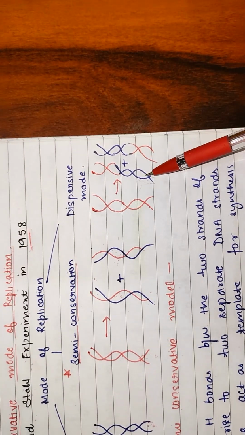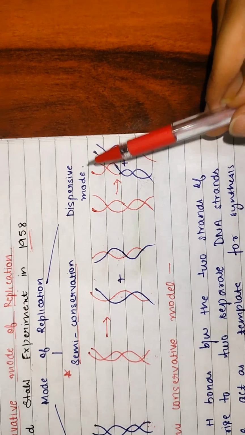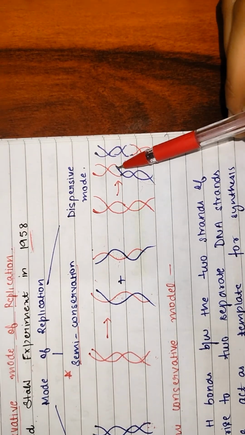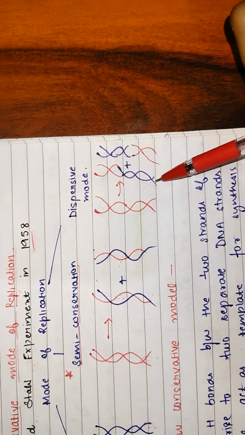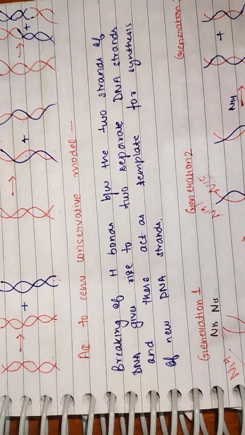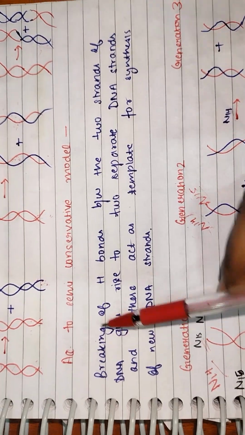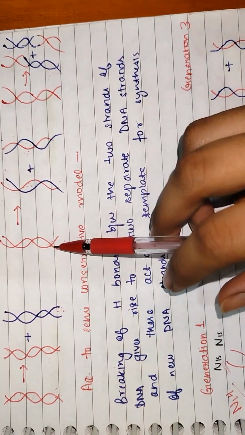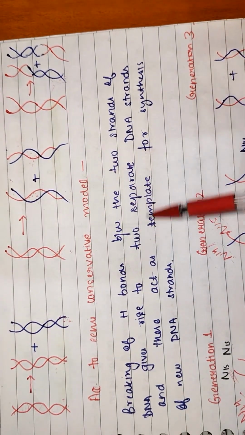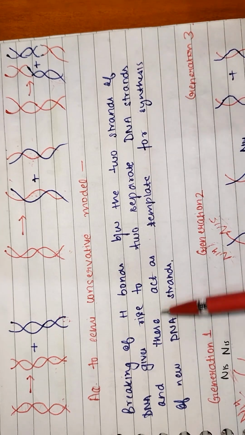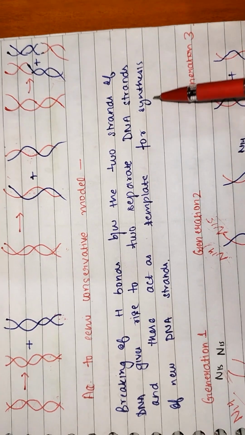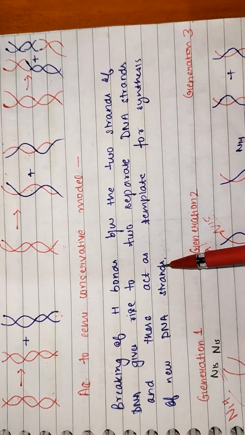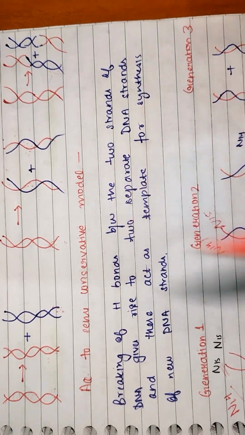In the dispersive mode of replication, some part of the DNA is conserved, whereas the other part is totally new. Meselson and Stahl proved that breaking of hydrogen bonds between the two strands gives rise to two separate strands, and these act as templates for the synthesis of new DNA strands. So this is the semi-conservative model.